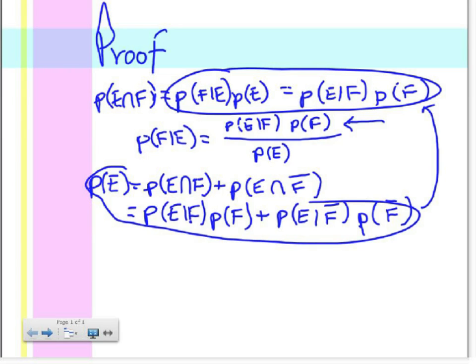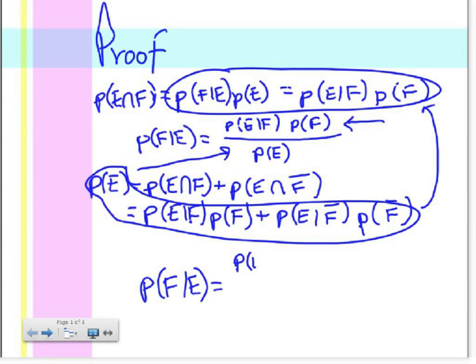We'll write Bayes' theorem again really quickly to reiterate that. It's the probability of F given E is equal to, on the numerator, the probability of E given F times the probability of F, which one of those arrows up there points to.